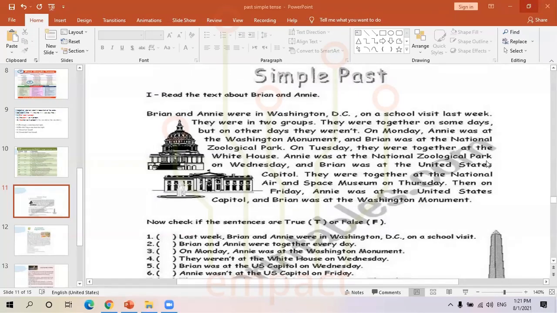Brian and Annie were in. Annie was at the National Zoological Park on Wednesday, and Brian was at the United States Capitol.